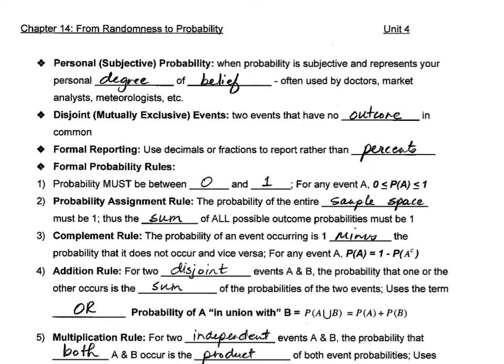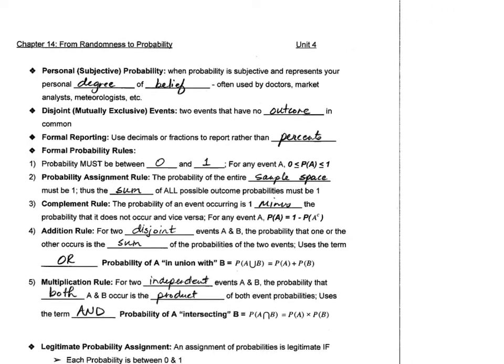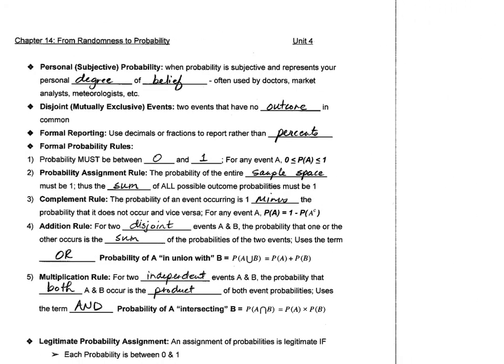Now this next part is another part that's going to be important, and that is disjoint events. What does it mean to be disjoint? Well, it means to be separated. As we look at disjoint events, if I were to draw a Venn diagram, these events are disjoint.